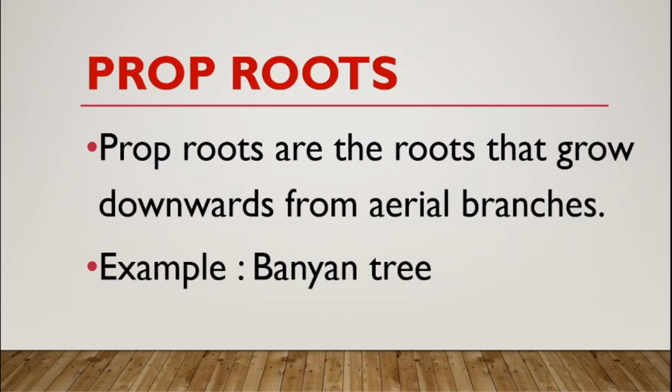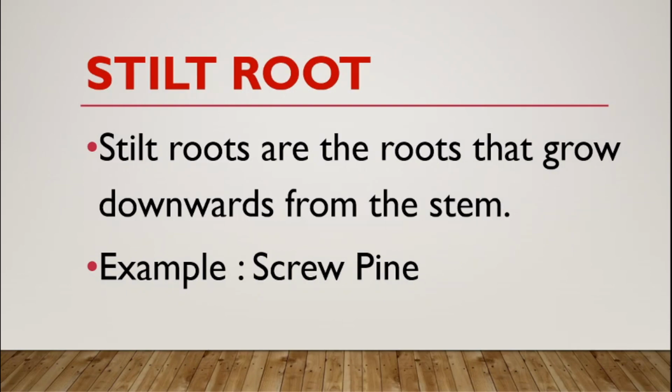And stilt roots are the roots that grow downwards from the stem. Example, scupine. So, roots seen in banyan tree are prop roots and the roots seen in scupine are stilt roots.